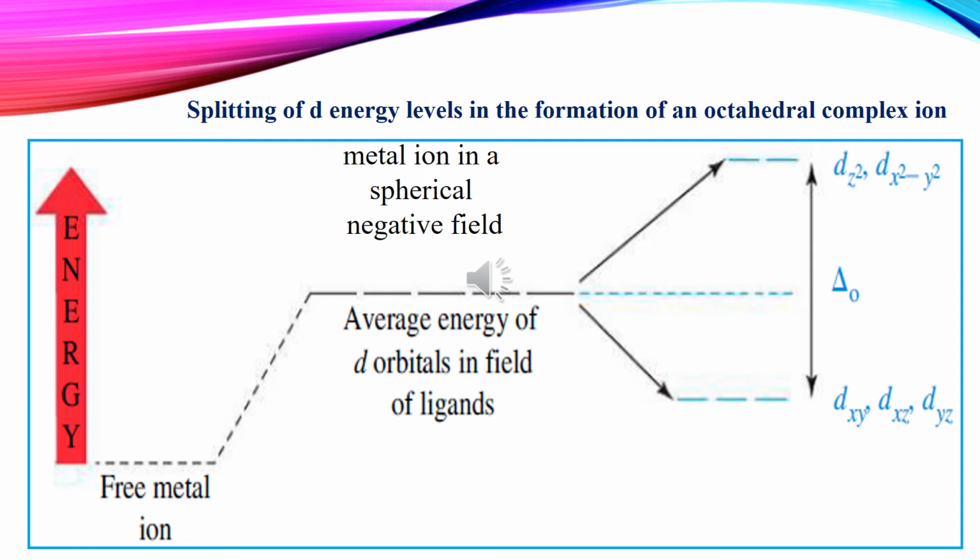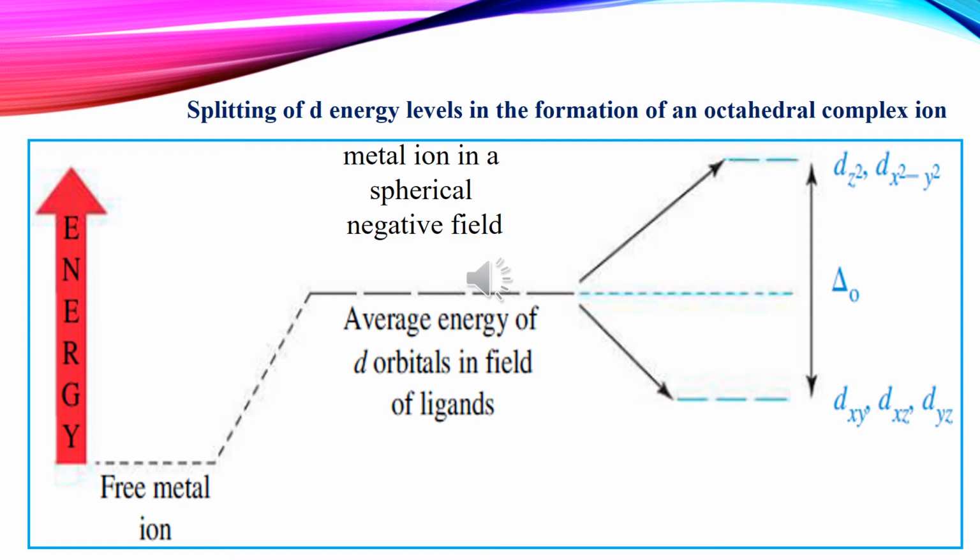Now we discuss the splitting of d orbital energy levels in the formation of an octahedral complex ion. By convention, the dxy, dxz and dyz orbitals in an octahedral complex are called t2g orbitals. The dx squared minus y squared and dz squared orbitals, on the other hand, are called eg orbitals.